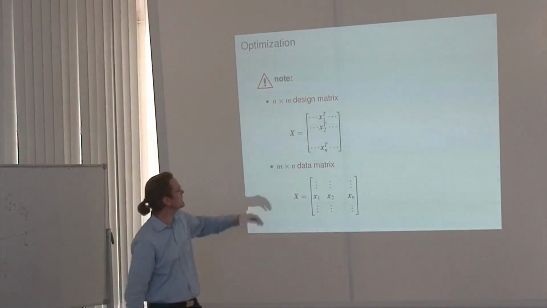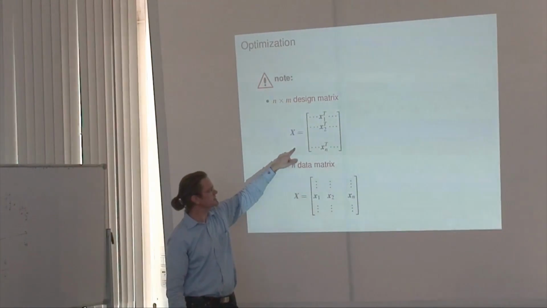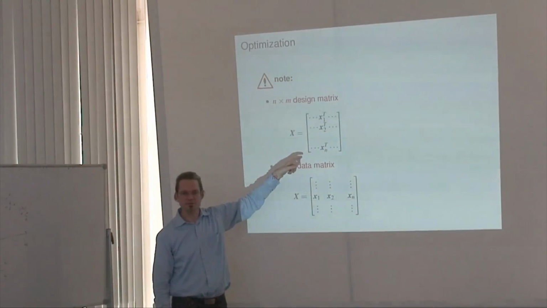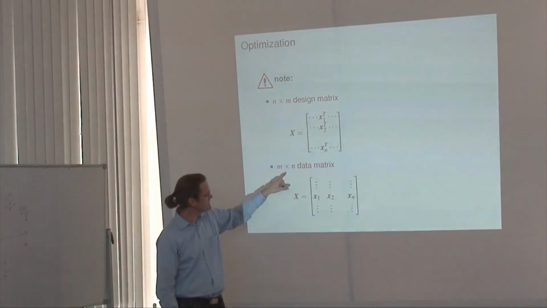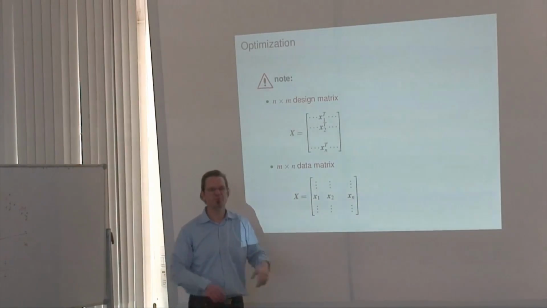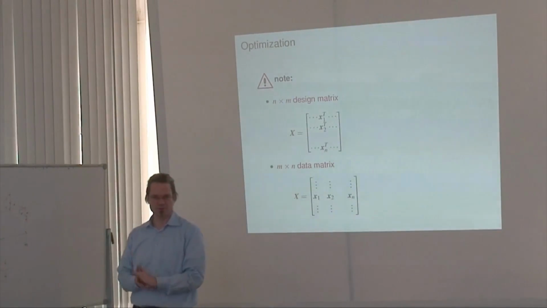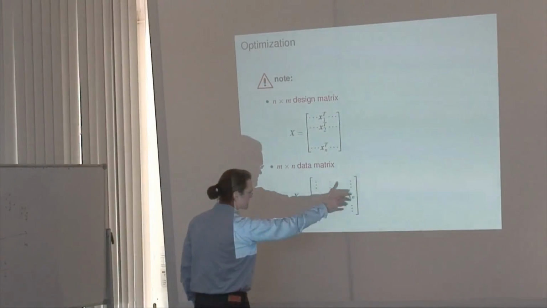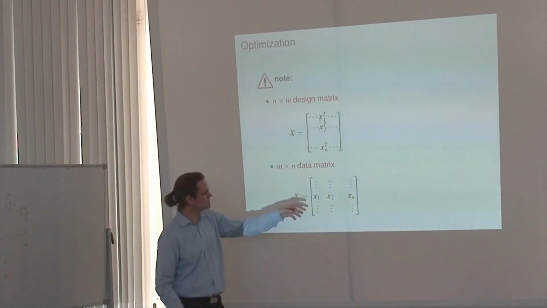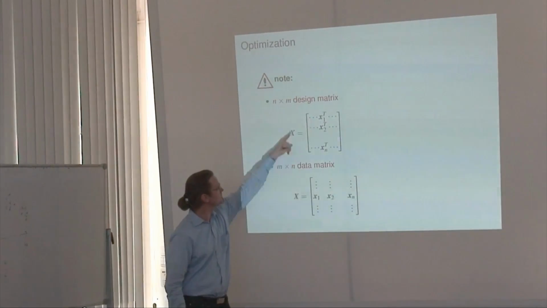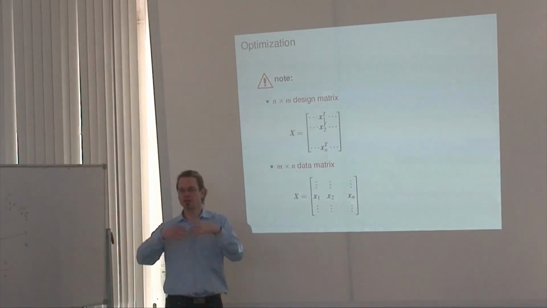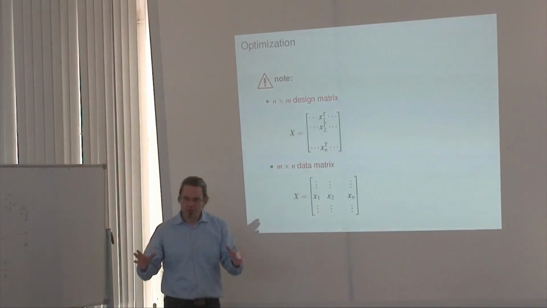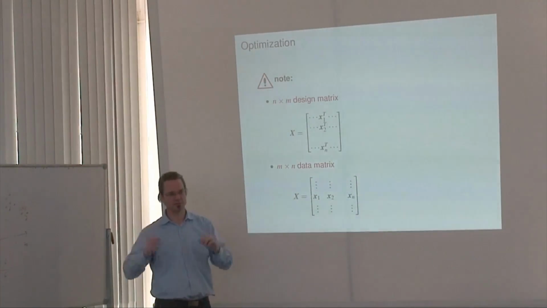There's a difference between the design matrices X we studied earlier when we looked at the least squares problem, and the data matrices X we look at right now when it comes to these convex combinations. They are both called X, they both in a sense consist of the same stuff, but the one is the transpose of the other, and the transpose is not indicated. You have to infer from context what we are talking about. I am sorry about this, but this is what happens out there in the literature.